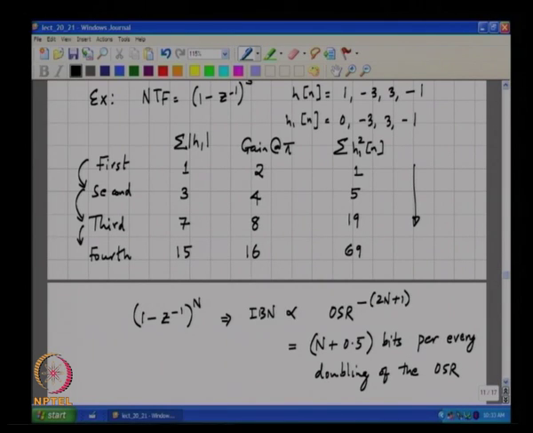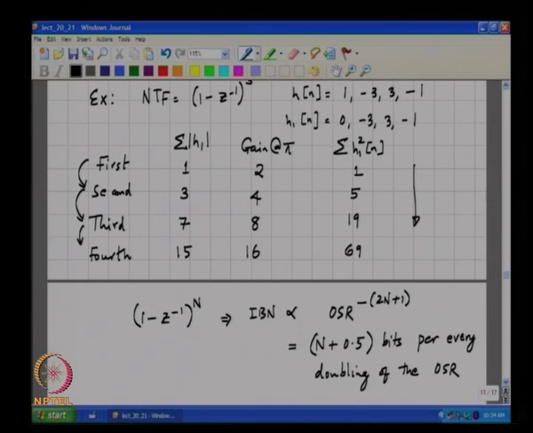So, if most of the energy is coming from around pi, what must you expect for the variance of the noise? It should go up by a factor of 4, and what are you seeing? One is 19 delta square by 12, the other one is 69 delta square by 12, right. Indeed, it is very close to 4, and from 5 to 19 again it is close to 4, 1 to 5 is again close to 4.